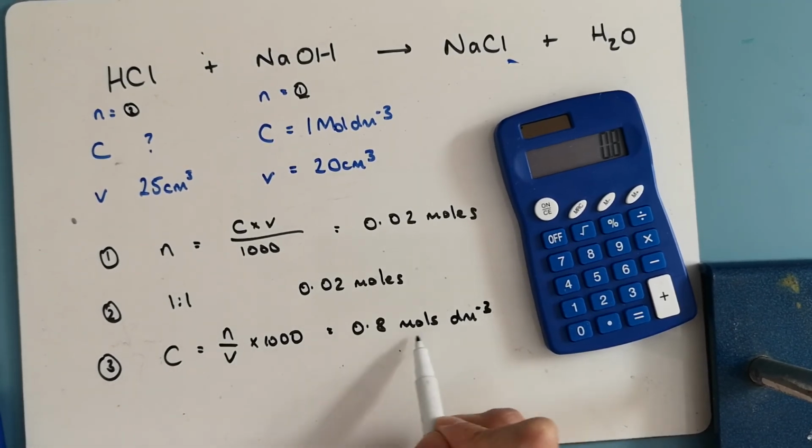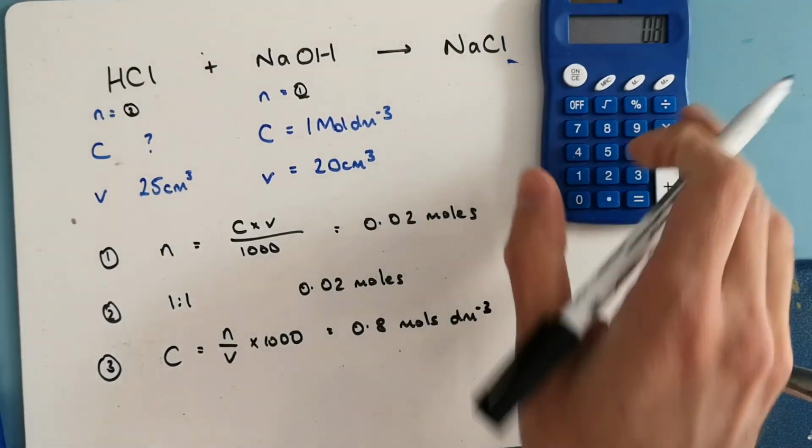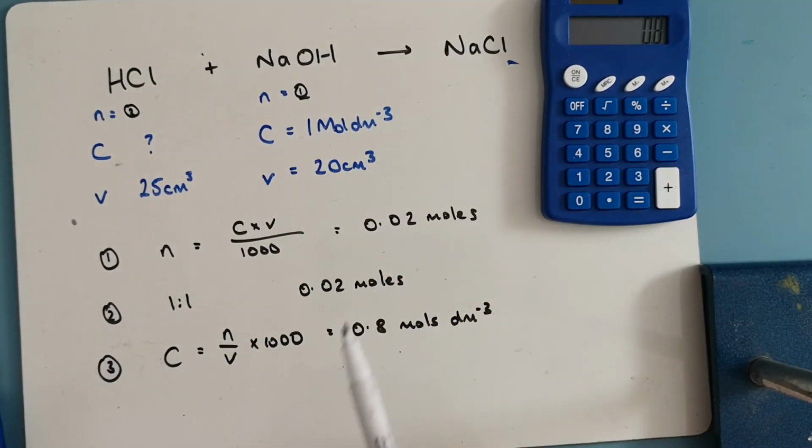We take the moles and divide by volume, and the units tell us that as well. So that is a titration calculation.